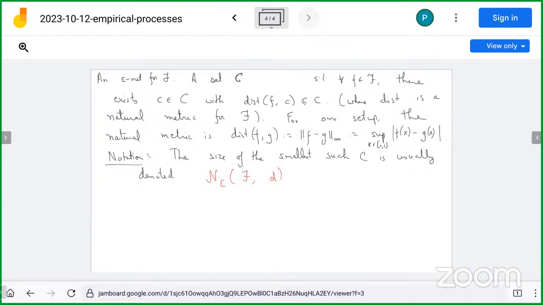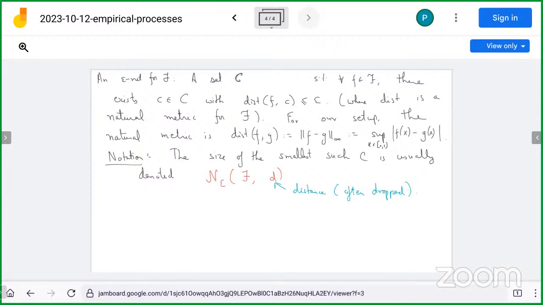This is the distance, and often this is dropped because it's clear from the context.